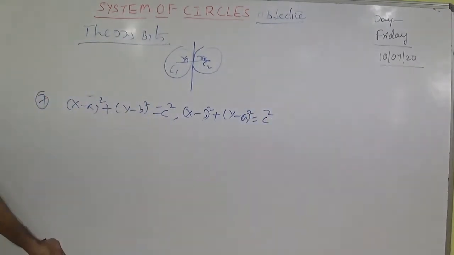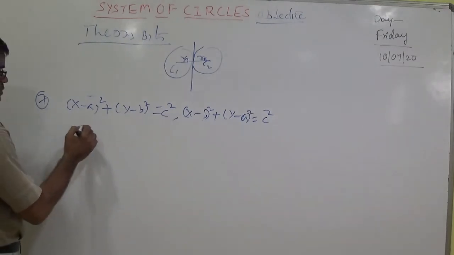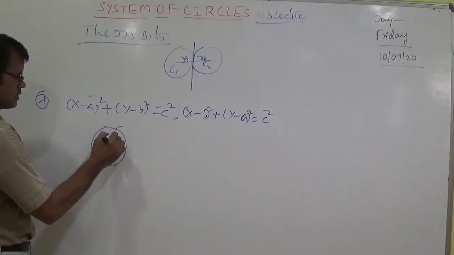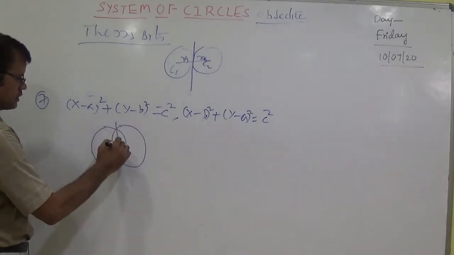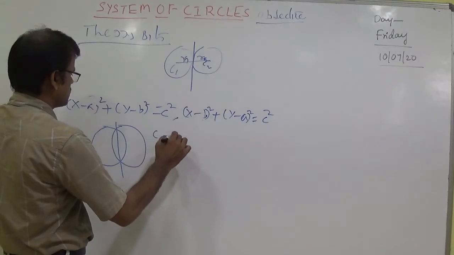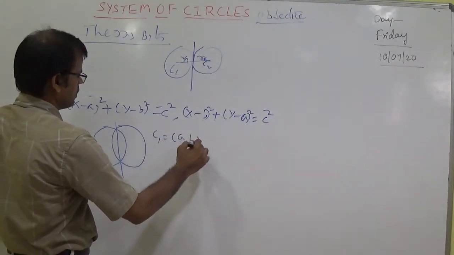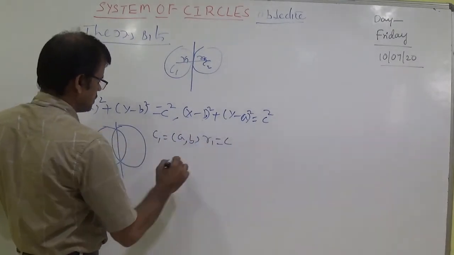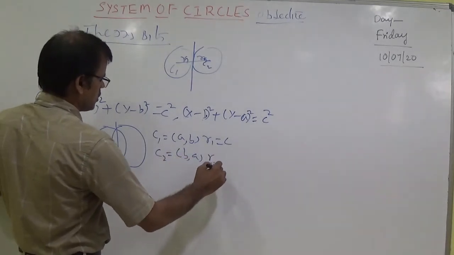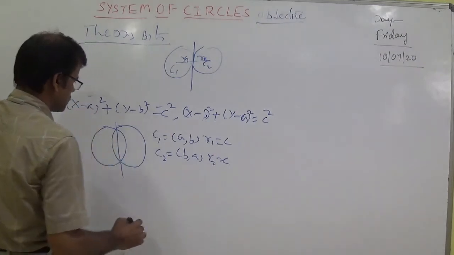We should calculate the length of the common chord. Let us draw the two circles intersecting; this is the length of the common chord. You can write here C1 is equal to (a, b) and R1 equal to c. C2 is equal to (b, a) and R2 is equal to c also.